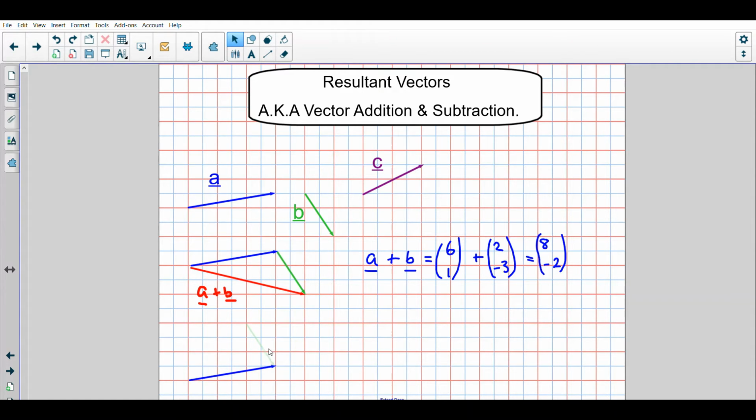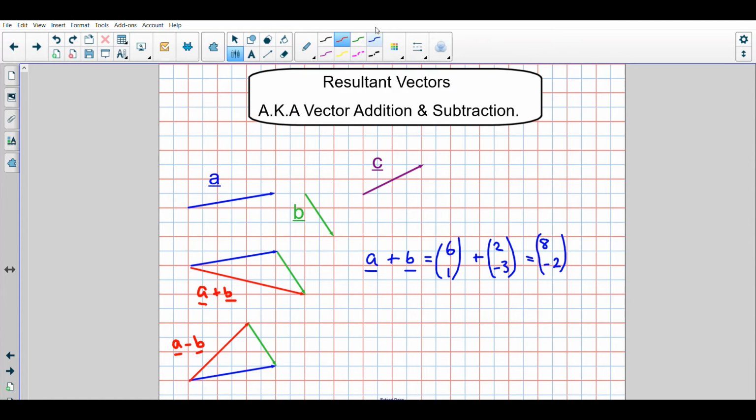So it's going to go this way. And we would be doing A minus B. So our resultant vector would go from here to here. And you can see it's different to A plus B. So the resultant vector, A minus B.